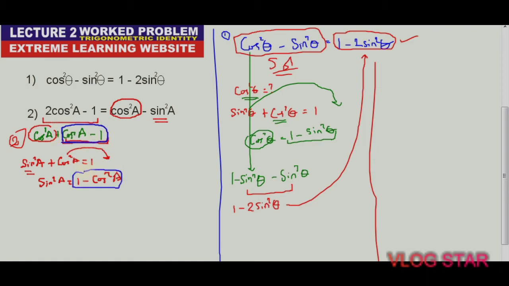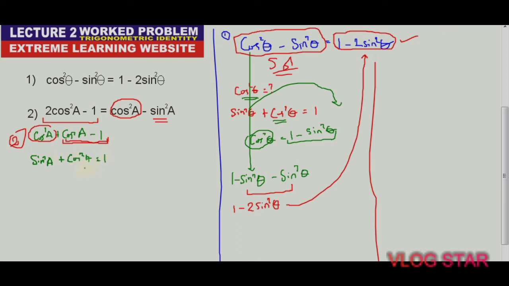Right? Let's do it the other way around so that we can get it clear, because it looks like there's a minus sign here. Let's do it again. Sine square a plus cos square a should give me 1.